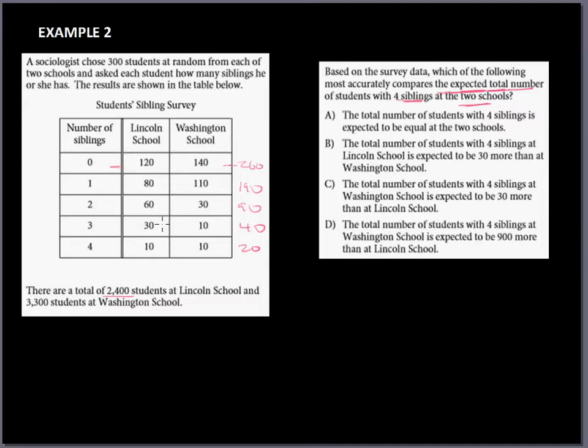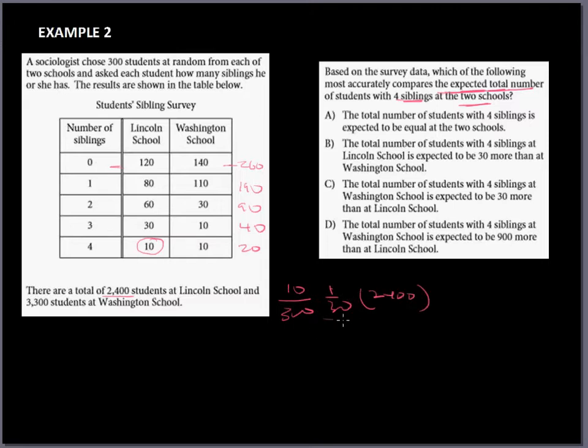So if you look here, we have 300 from Lincoln, and out of that, 10 of them will be coming, say they have four. So that means the ratio is 10 divided by 300. That means 1 over 30 times total population in Lincoln, which is 2400.